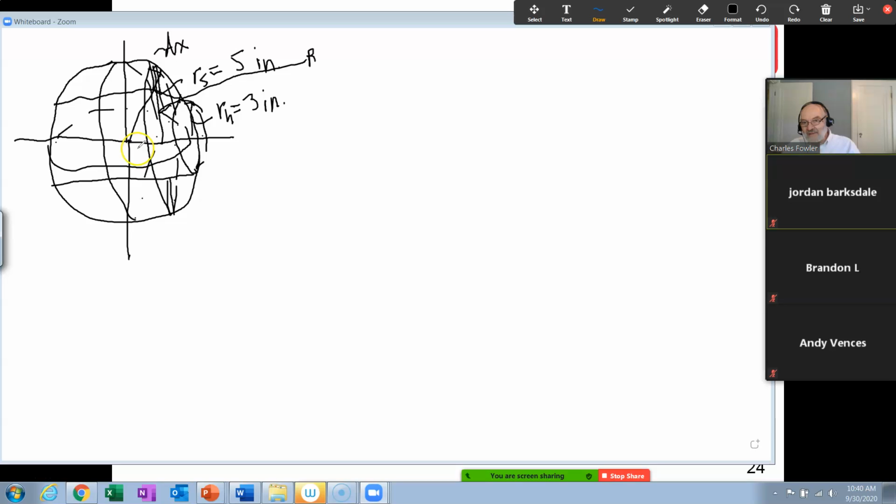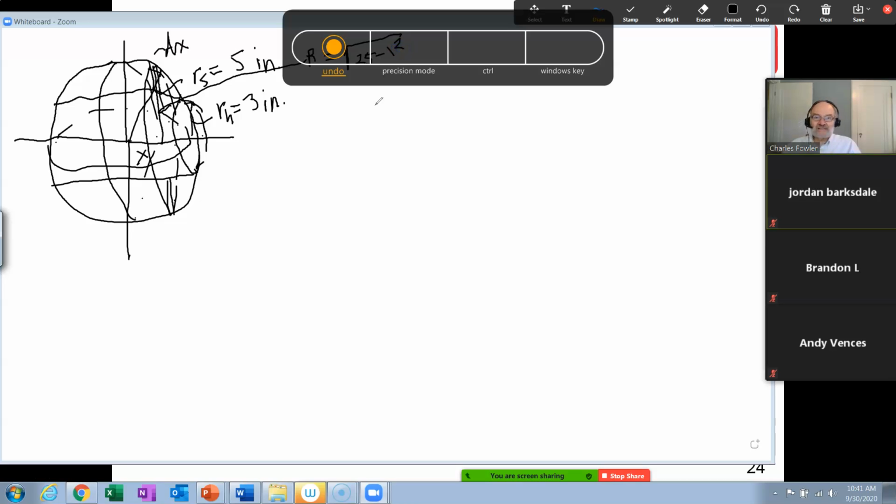This length here is your x, right? This length here is your 5, radius of the sphere. So this radius here is the square root of 25 minus x squared. Yuck!